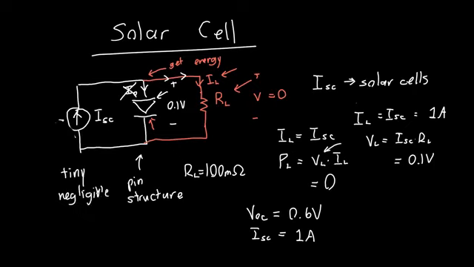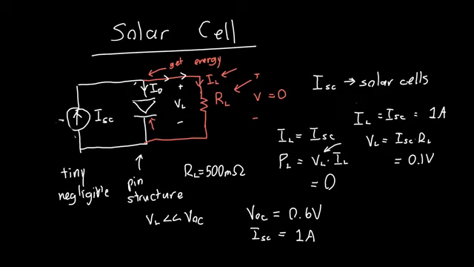So long as the voltage is much less than the open circuit voltage, there's going to be essentially no current flowing through this diode. But as we start to increase the value of this resistor, so let's say we were to increase it to 500 milliohms, for example, then we'd start to get an appreciable voltage across this diode, so some appreciable voltage VL, and this current would predominantly start flowing through this diode.